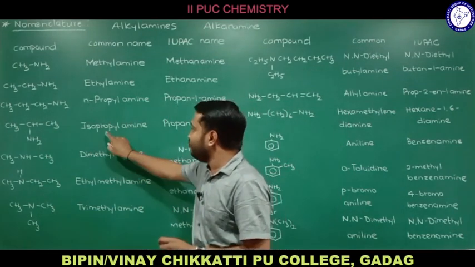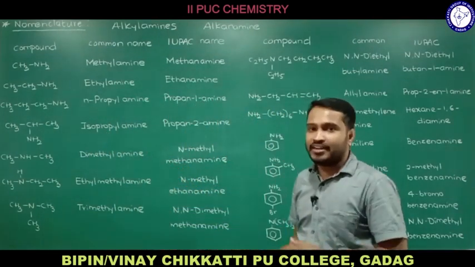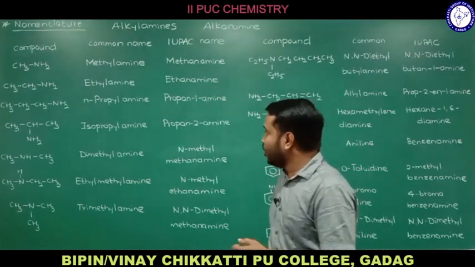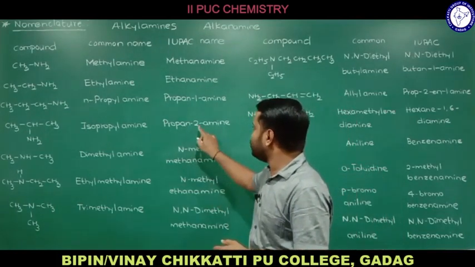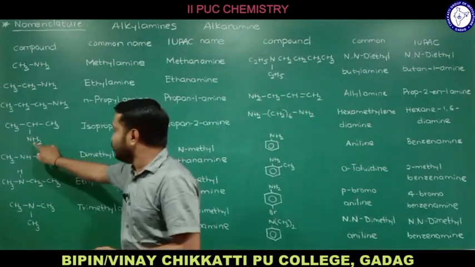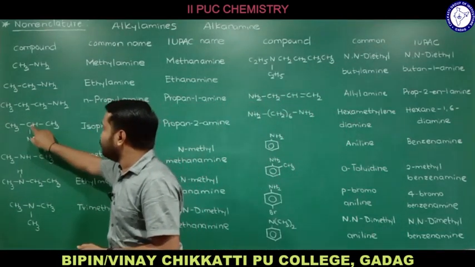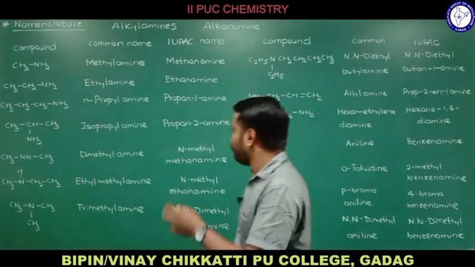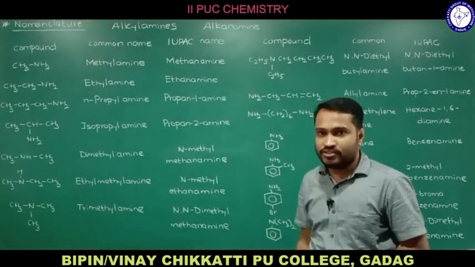Therefore the common name will be isopropylamine. Iso is the word used when we see a branched chain, and the IUPAC name would be propane-2-amine. So the NH2 group is attached to carbon number 2. You can number from the left side or right side, you will get this carbon as 2. Therefore propane-2-amine we are going to get.